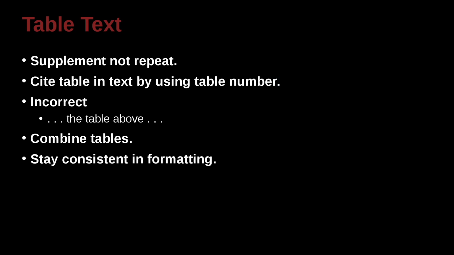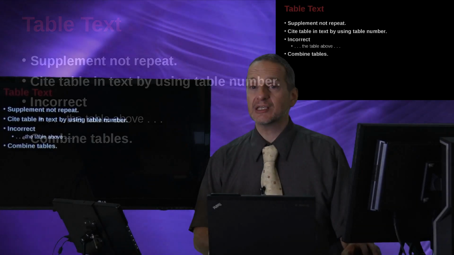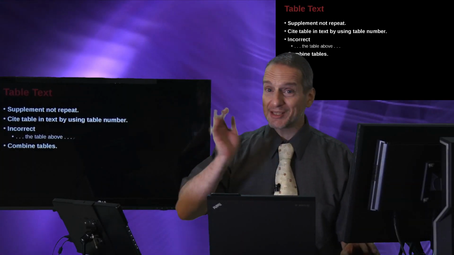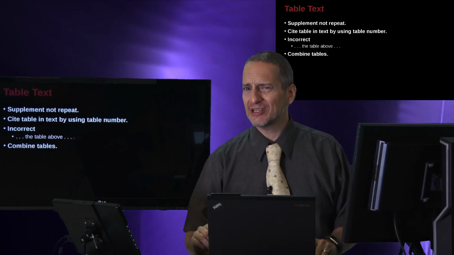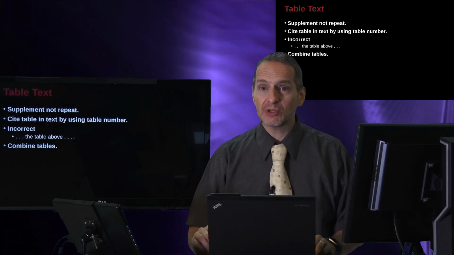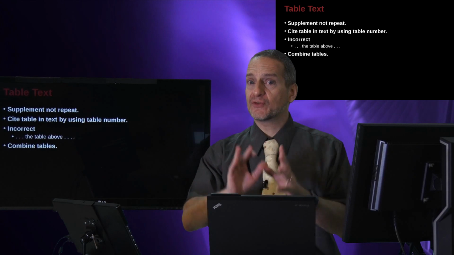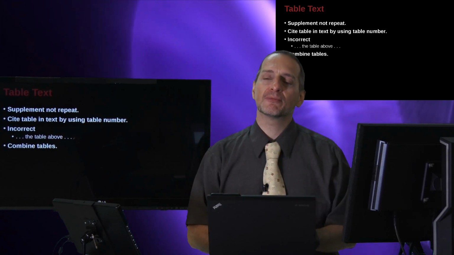Combining tables is a way to save space. It's easy to get confused when you're reading a paper that has too many tables. So you try to combine your tables to help the reader see everything in one place. The best situation would be one paper has one table inside, and I look at that table and I can see everything in that table. But that's a really hard table to make. So what do we do? We try to make as few tables as possible.